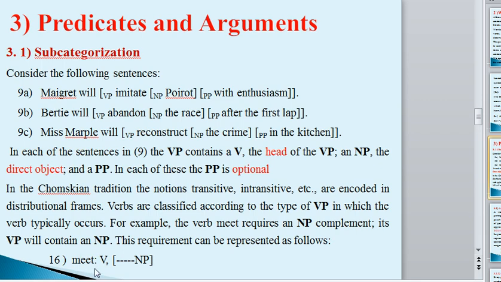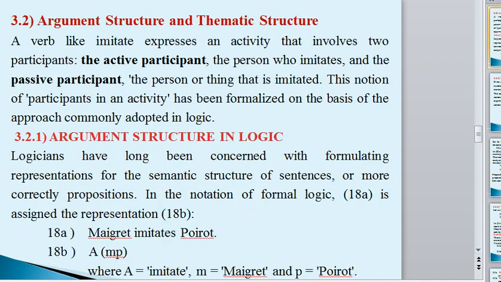Verbs like imitate, abandon, reconstruct need a direct object NP, so we call them transitive verbs. We have different kinds of verbs based on the arguments they need. So this is again the relationship between argument structure and thematic structure, its meaning.